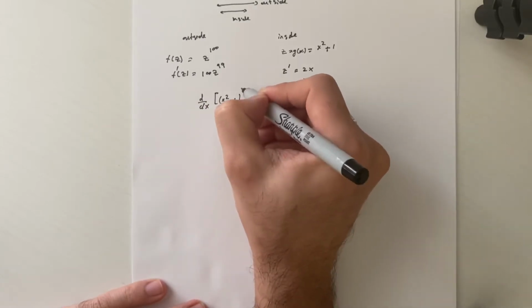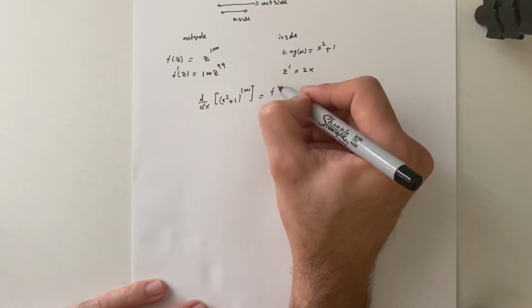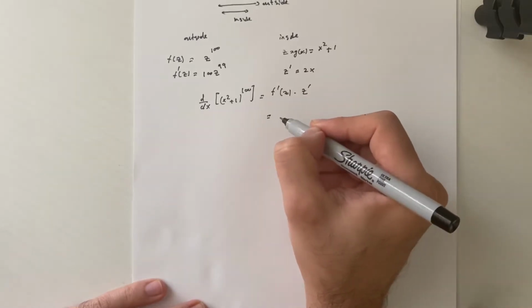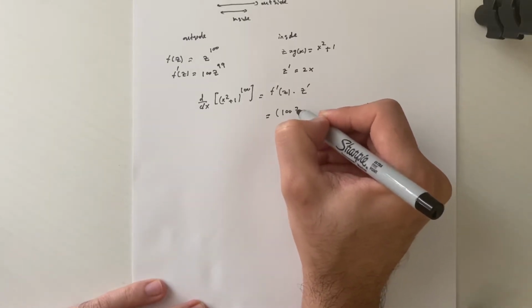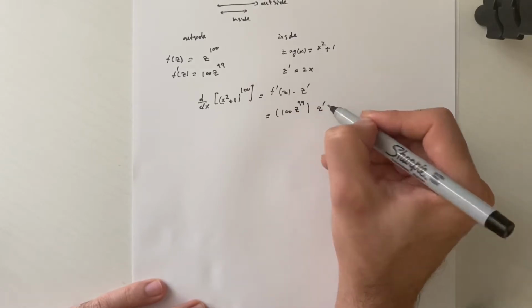This is the function we are given. This is f prime of z multiplied by z prime, which is 100 z to the 99, and then multiplied by 2x.